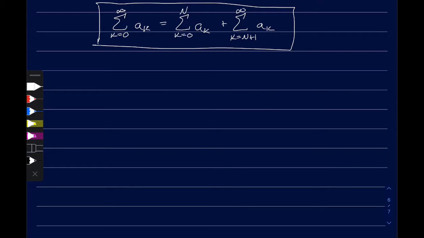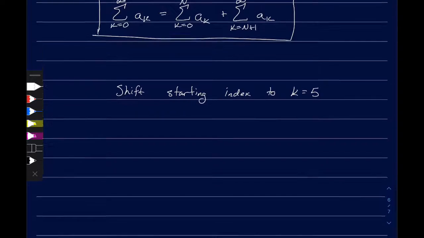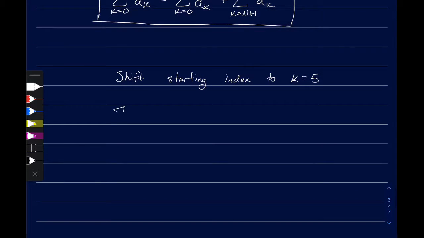All right, so let's go ahead and look at one more example. We're going to shift the starting index to k equals 5. We'll have the sum from n equals 1 to infinity of (n plus 1) over (n plus 2).